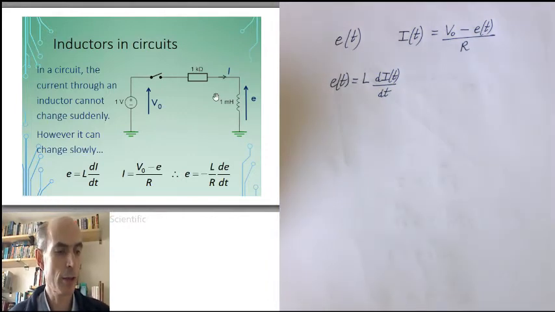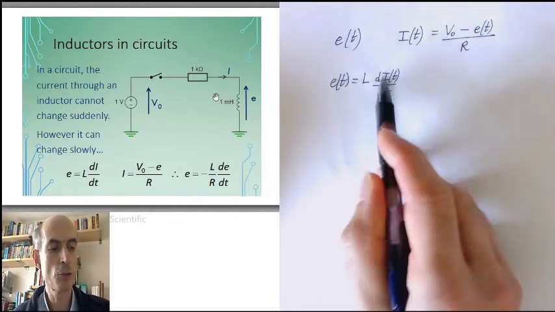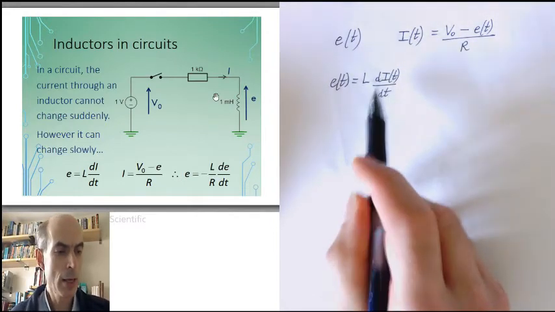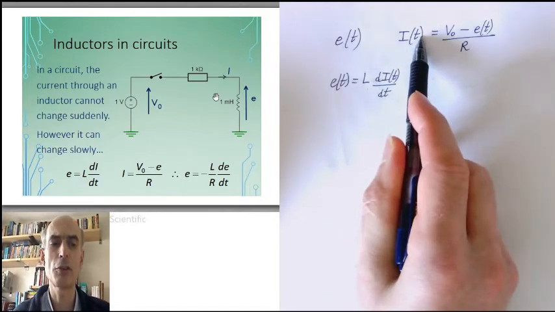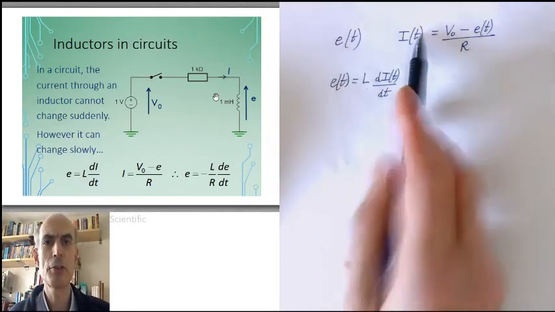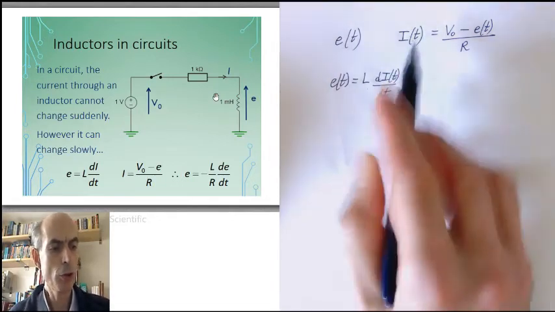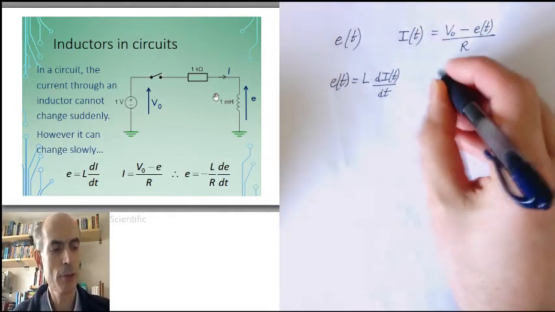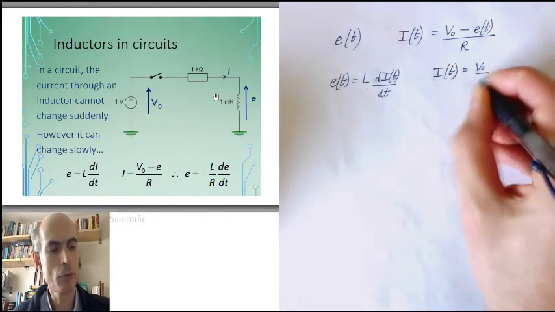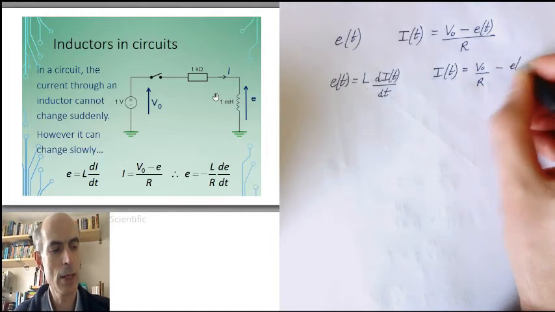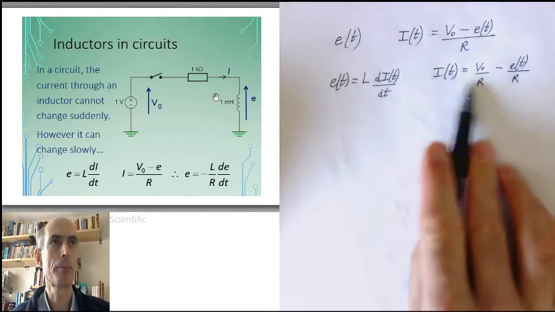How do we start to analyse this? Well, we'd like to eliminate the current from these two simultaneous equations. And to do that, we either have to integrate this one or differentiate this one. Differentiation is easier than integration, so let's differentiate this one. We'll notice that I could write this as I, the current, equals V0 over R minus E of t over R. This is a constant.